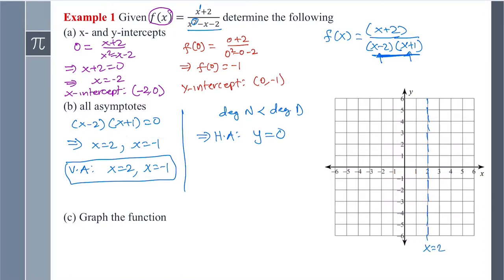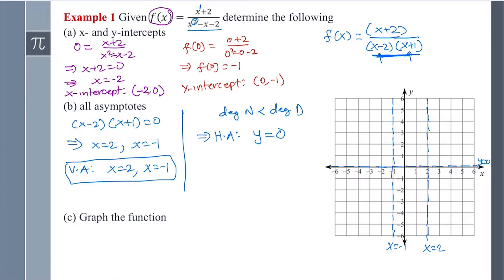And then we have x equals -1, which is this line right here. And then we have a horizontal asymptote of y equals 0, or the x-axis, so it's this one. We usually use a dotted or broken line to label the asymptotes, okay?